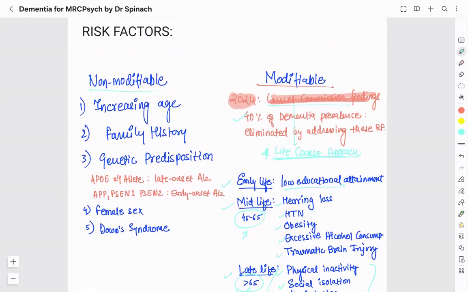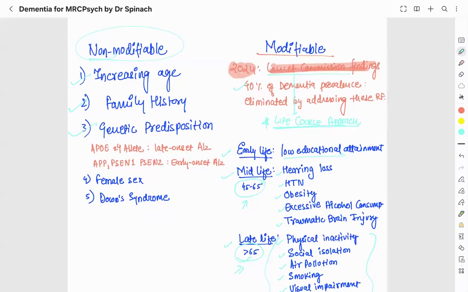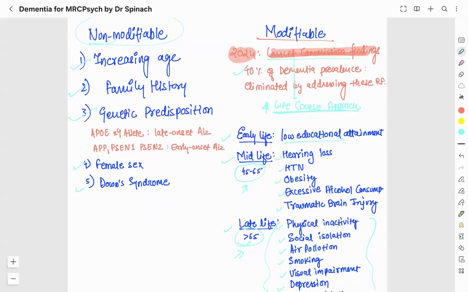Then we have non-modifiable risk factors. These include increasing age, family history of dementia, genetic predisposition, female sex, and Down syndrome. For example, with the ApoE4 allele, late onset Alzheimer's occurs. With APP, PSEN1, and PSEN2, early onset Alzheimer's occurs. Female sex is important here again.